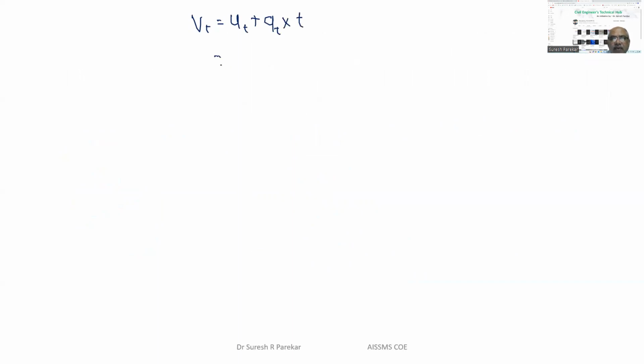T is 2 seconds, and we will get Vt at t equal to 2 seconds. Ut we have 4.2 plus at we have calculated 0.6 into 2, and we will have this value, Vt is equal to 5.4 meters per second.